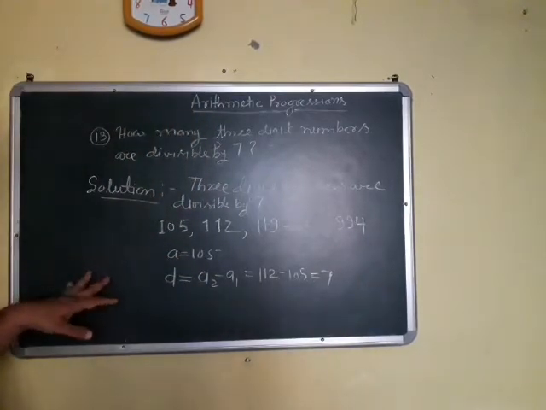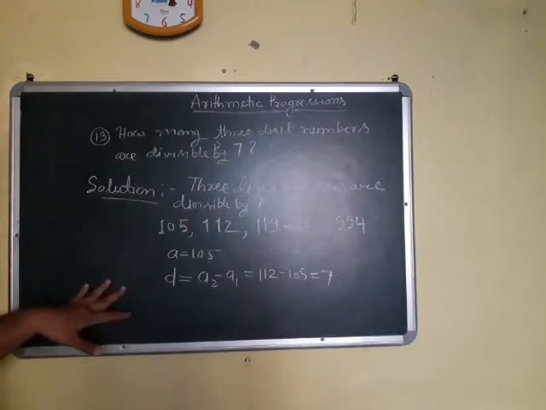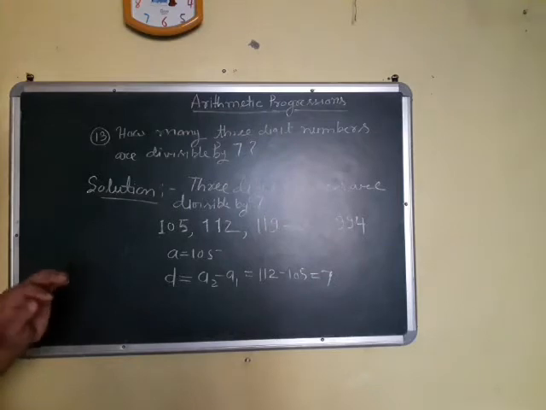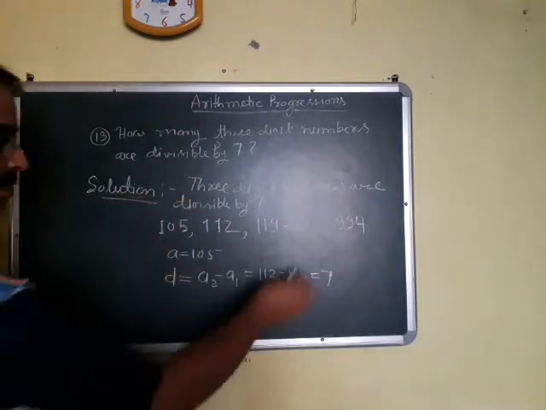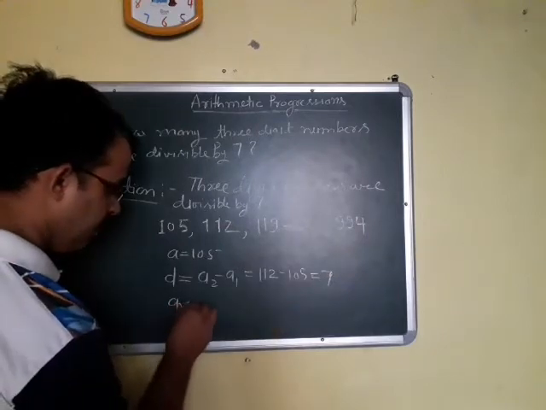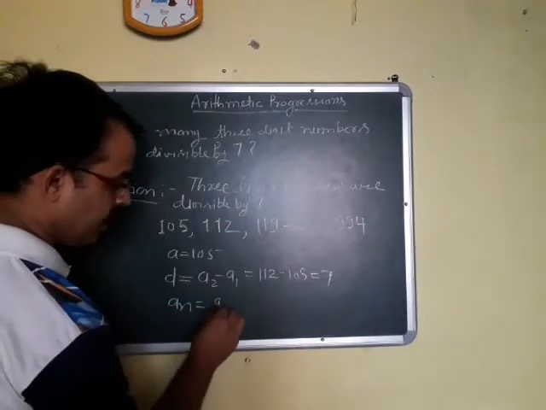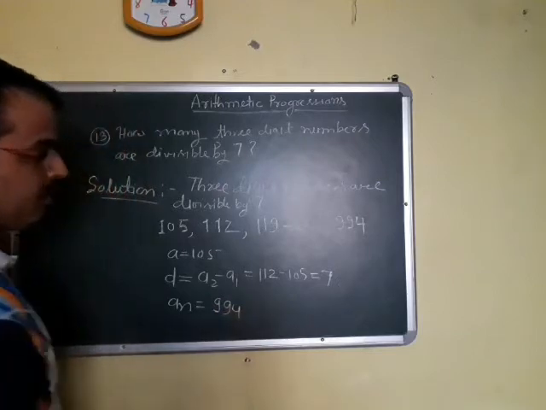Now d is 7, so the three-digit numbers divisible by 7 form an AP with d equal to 7. To find an: an is also given, right? an here is 994.